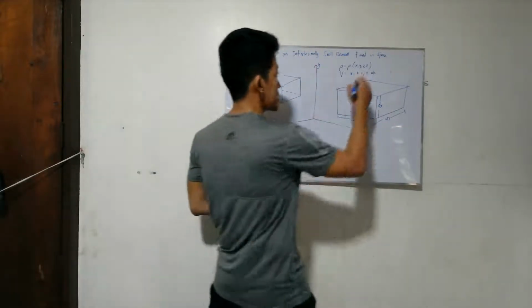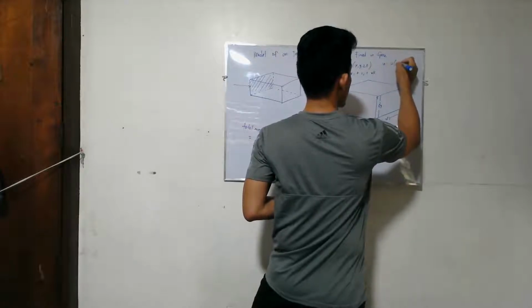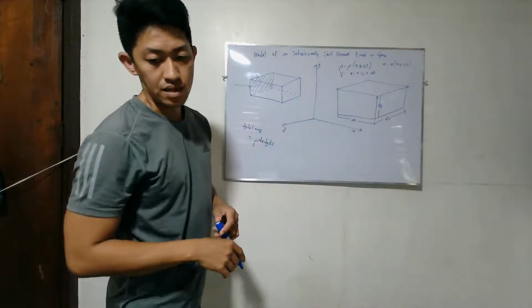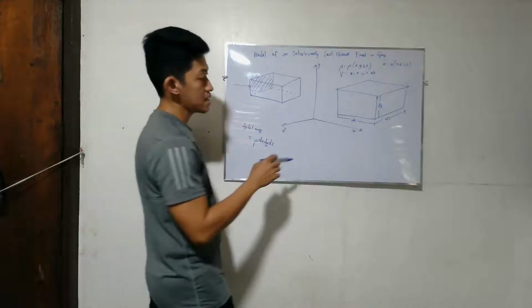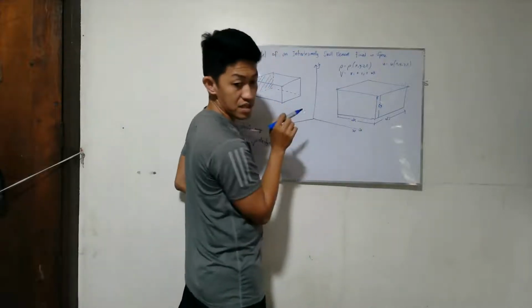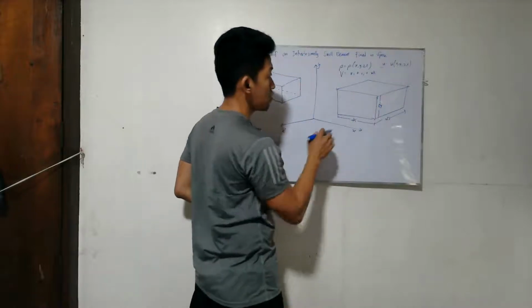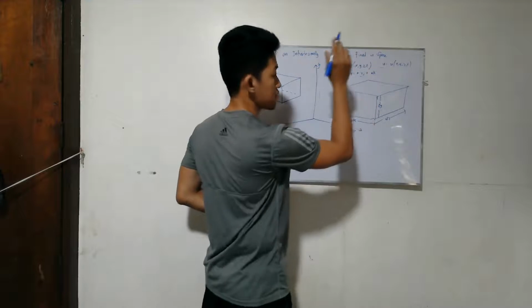UVW. Wherein, ang kaning u nimo function po niya sa x, y, z, and time, as well as v and w. Okay? So, meaning ani, ang imo ang velocity sa imong fluid along x is denoted by u. Along y is v, along z is w.